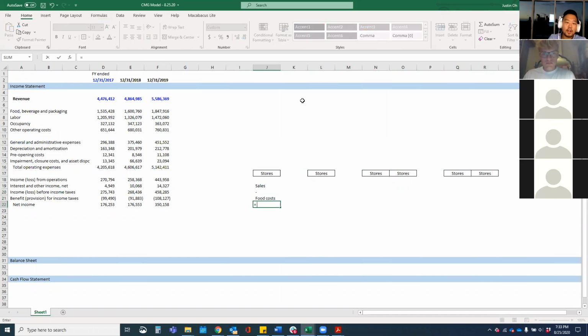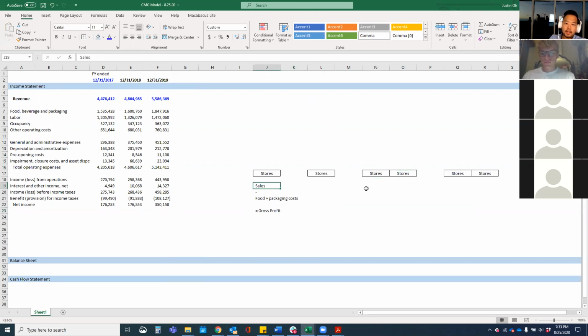Equals, or like food costs plus packaging costs, equals gross profit, like generally, right? So in the retail or restaurant industries, they kind of call it four wall margins, and they make reference to four wall or same store, or store level economics. And so that's what I'm driving here.